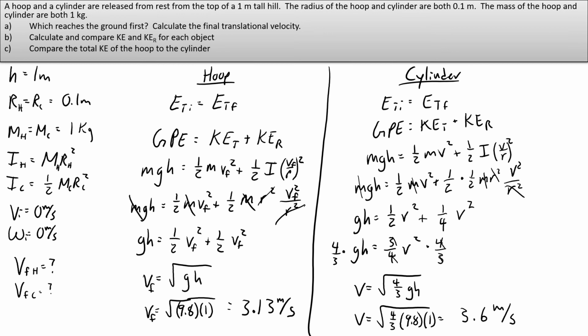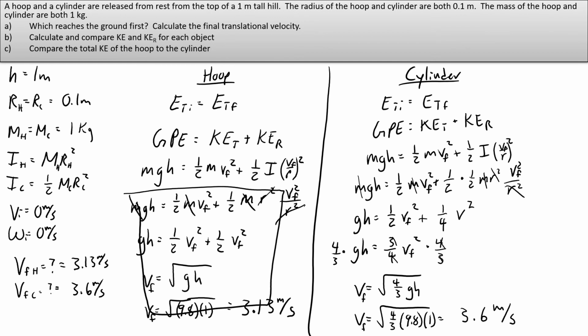Part B. So we now know the final velocity of the cylinder, and this is for the hoop over here. Now I'm debating whether I should erase this portion and plug in the velocity over here and show it in the equation, but I think that might be a little too messy on the screen.